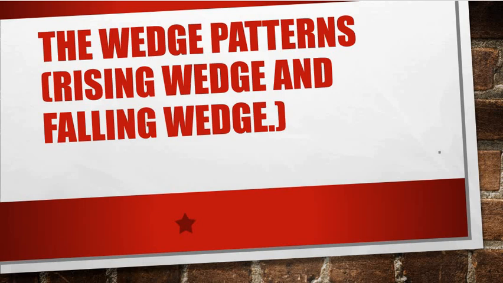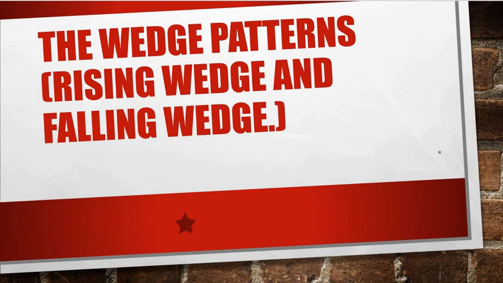Wedges actually signal a pause in the current trend. When you encounter this formation, it signals that Forex traders are still deciding where to take the pair next. Wedges could serve as either continuation or reversal patterns.